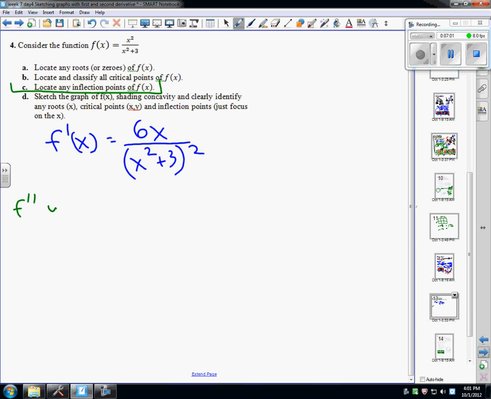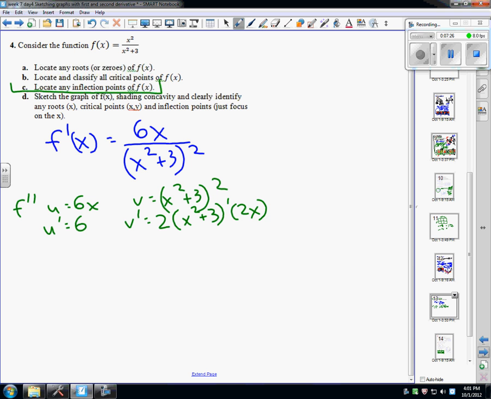Again, it's going to be a quotient rule. Use 6x, u prime is 6. V is this big dude. V prime, it gets bigger. It's a chain rule. I pull the 2 down, x squared plus 3, a 1 stays up top, times 2x. So let's see what we get.